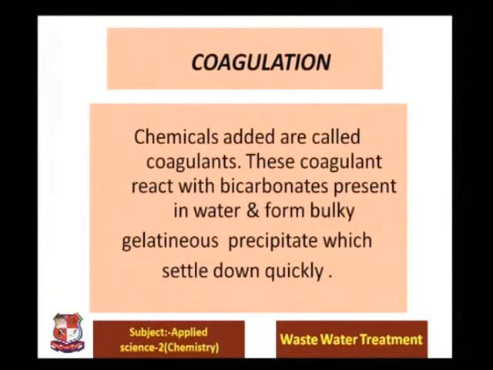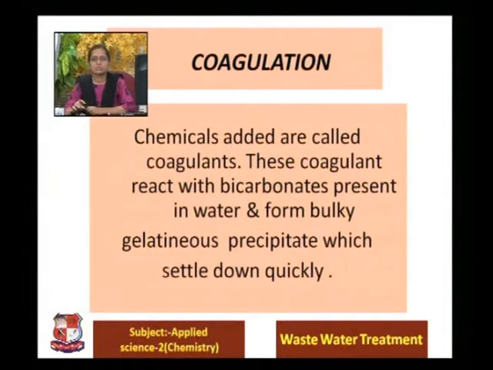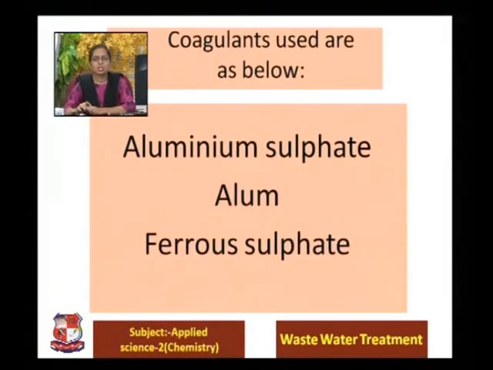Now you can see here, chemicals added are called coagulants. These coagulants react with bicarbonates present in water and form bulky gelatinous precipitate which settles down quickly. Look here, what are the coagulants that can be used?